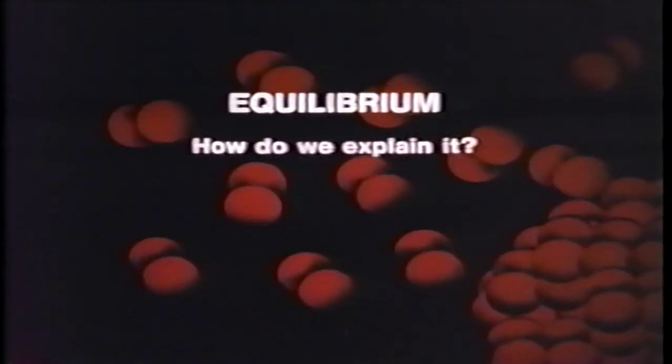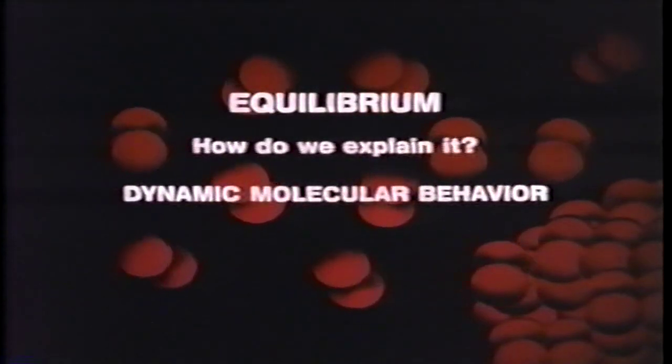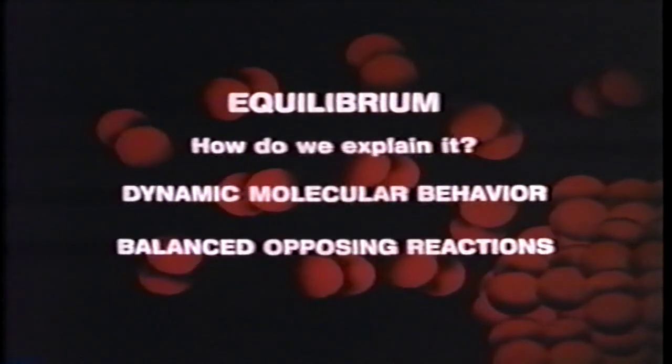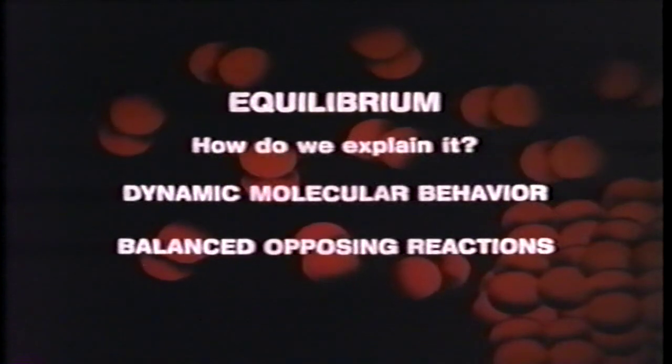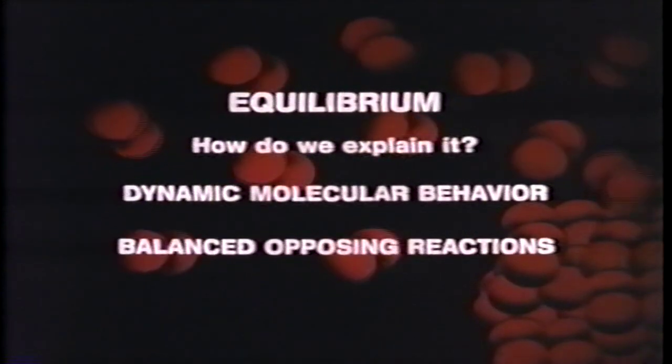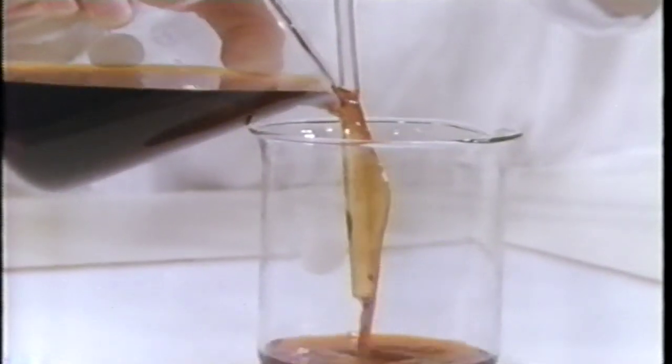Then molecules return to the crystal at exactly the rate at which they have been leaving. The concentration becomes constant. Dynamic equilibrium has been reached. The two opposing reactions, iodine dissolving and crystallizing, are now proceeding at equal rates.